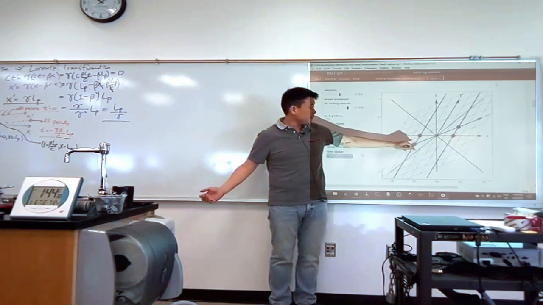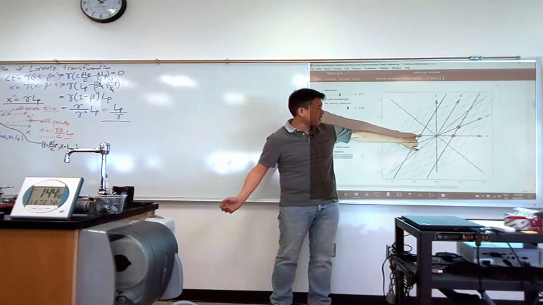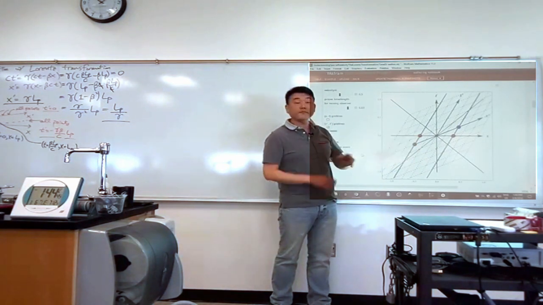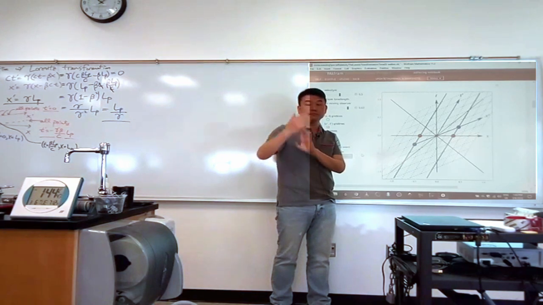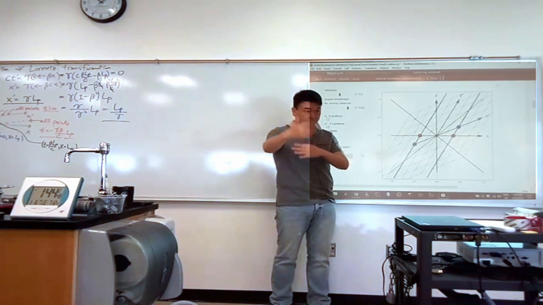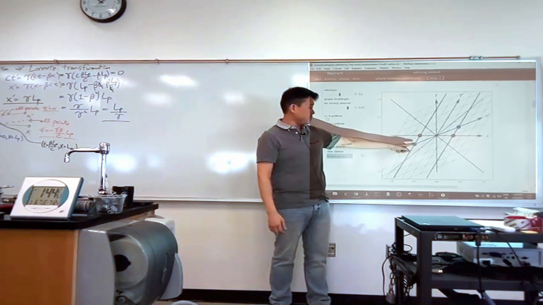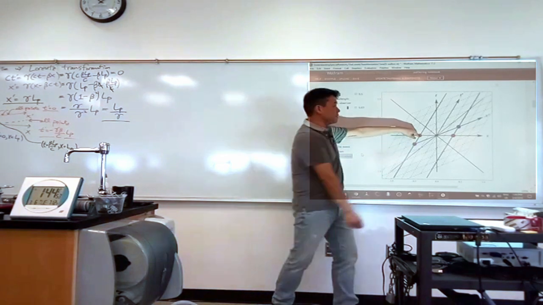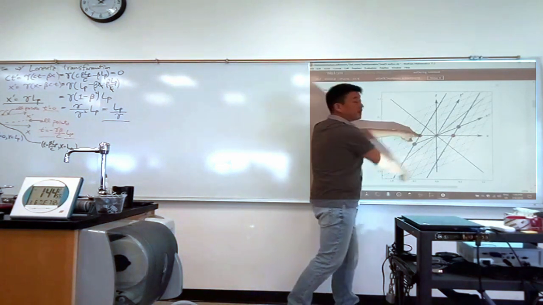In your reference frame, you have to wait for this point to come down here, so you have to measure both ends simultaneously. That means measuring this end at this time and measuring this end at this time.